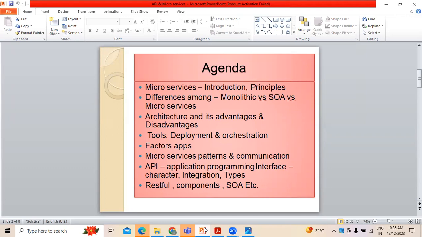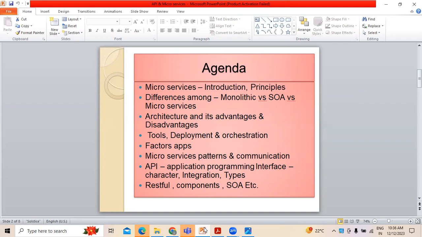So when there is an opportunity to study service-oriented architecture or monolithic, it is always important for us to understand the difference among these, so that it is easy for you to convert your services to the microservices point of view. That's my context of understanding, the reason why I have mentioned this point.